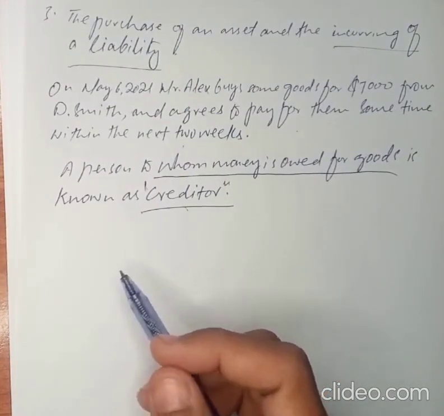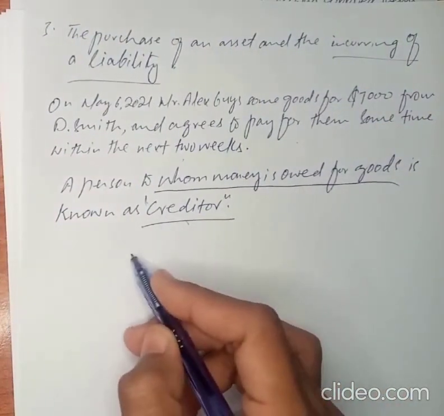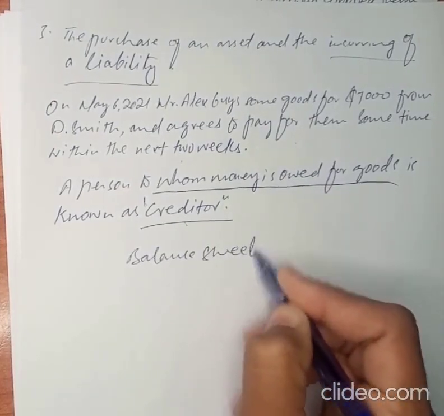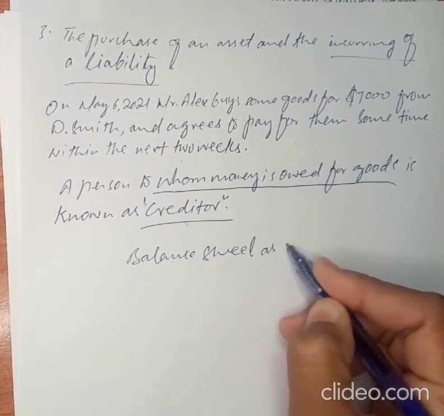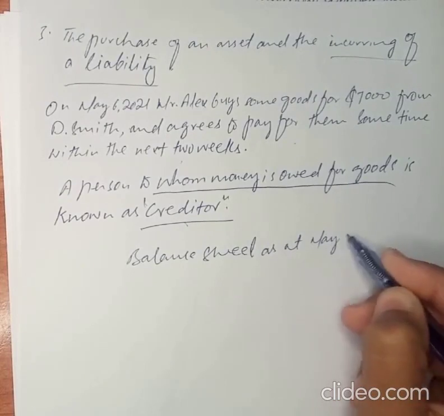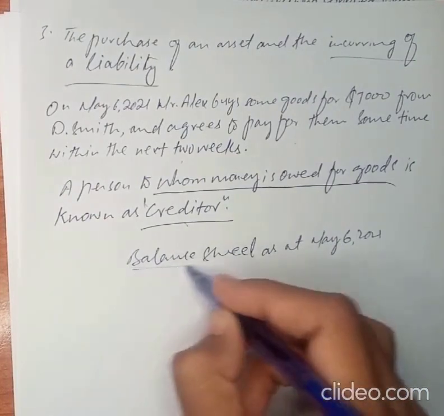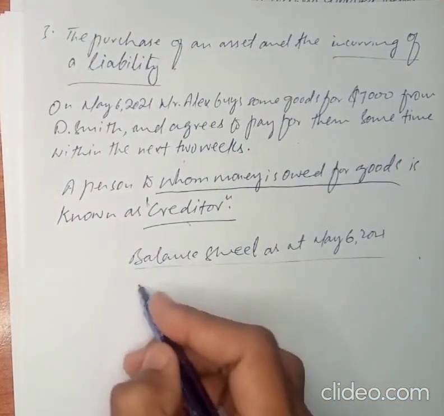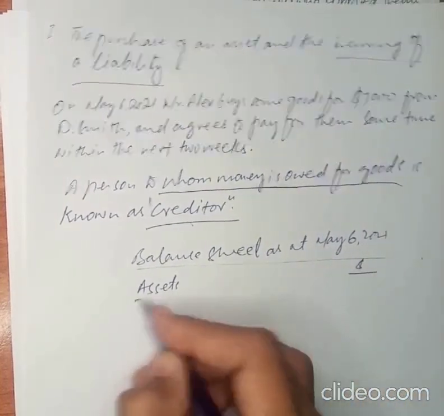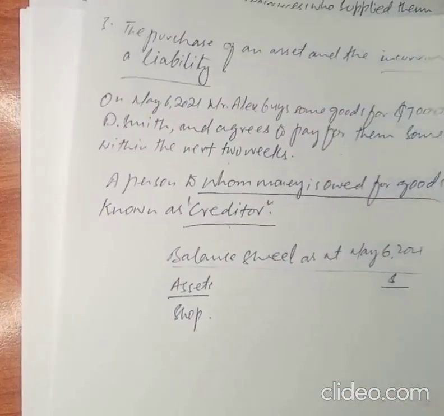We can say, in the balance sheet, the impact of this transaction. The balance sheet as at May 6th, 2021, assets: the shop, as we discussed earlier, he purchased the shop.